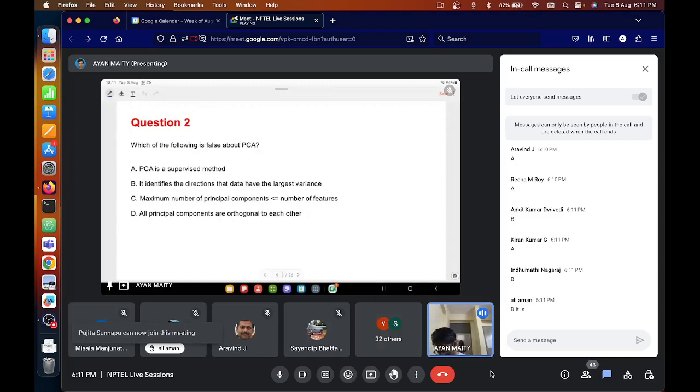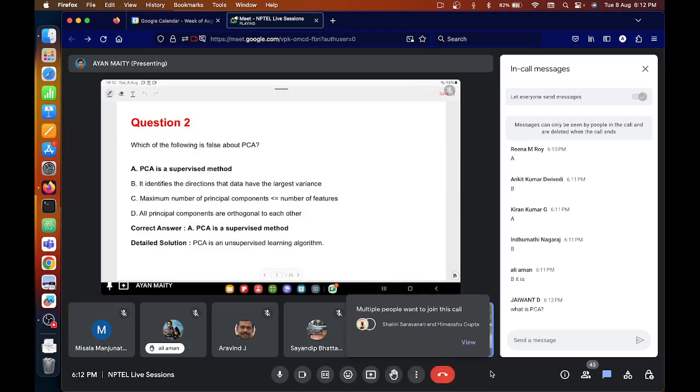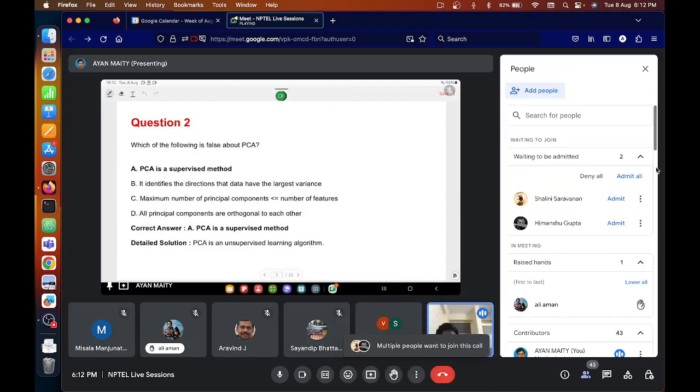So the correct answer here is A, because you have to find out the option which is false about PCA. PCA is an unsupervised learning algorithm. If you have gone through the lectures, PCA is principal component analysis. So if you have gone through the video lectures, you will understand that PCA is an unsupervised learning algorithm.